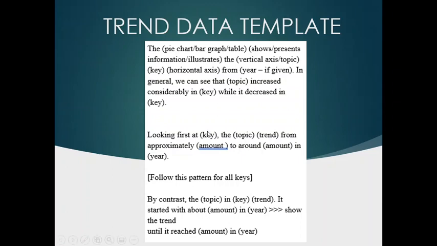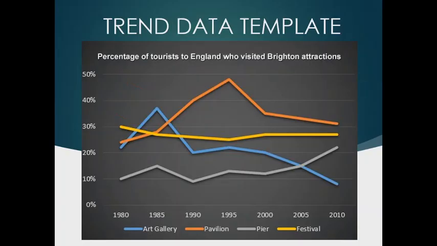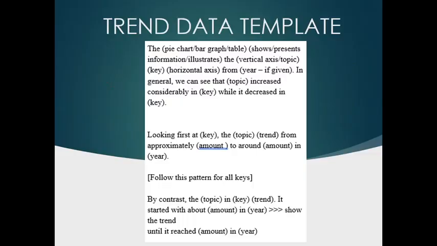Okay, now in writing your body of the data, looking first at what key. So let's actually look at the primary one. Okay, looking first at primary school, the number of students, what is the trend, increased or decreased? So you can say, looking first at primary school, the number of students increased from, what is the amount?